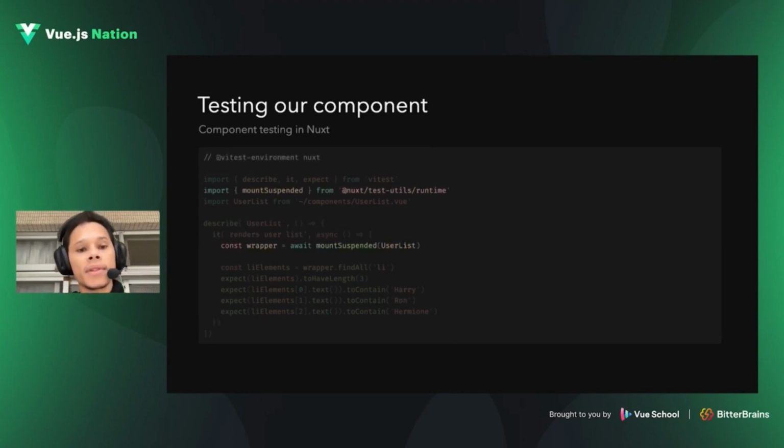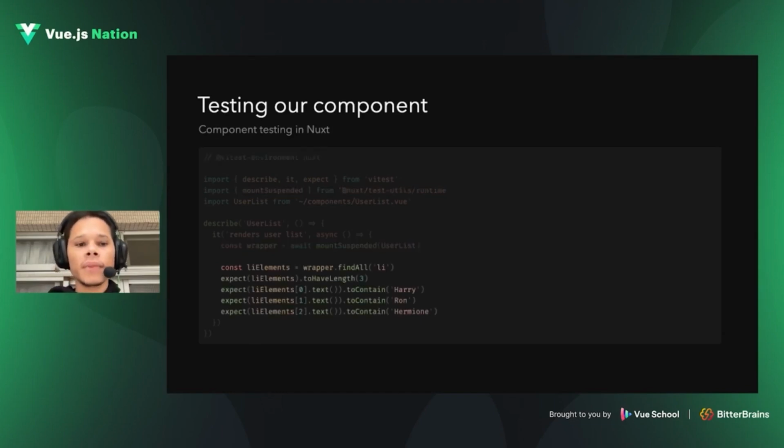Then we mount the suspended component. mountSuspended is a helper from Nuxt that allows us to resolve the top-level awaits in our components so that we can actually test the data fetching logic. And then we have the assertion. I want to check that there are 3 users, Harry, Ron, and Hermione, on my page.